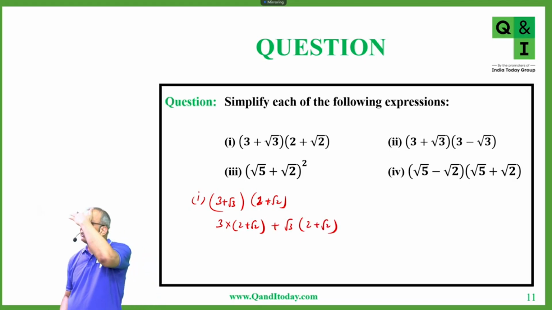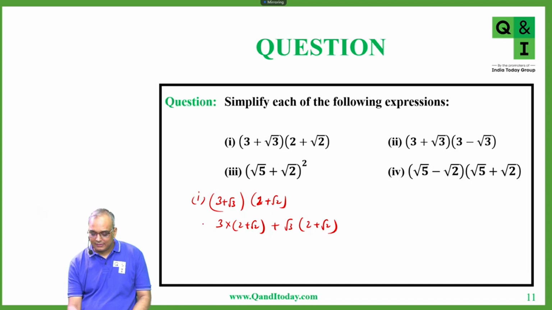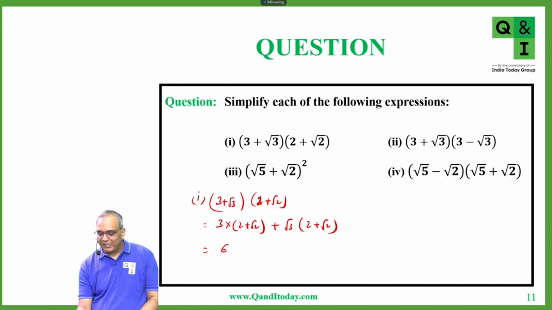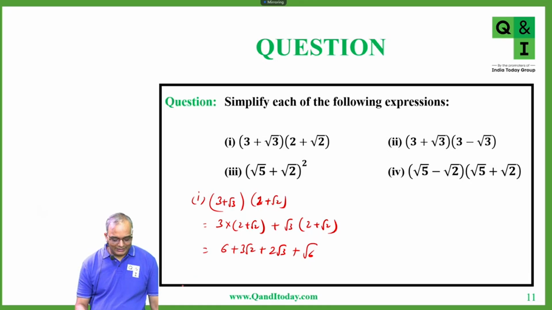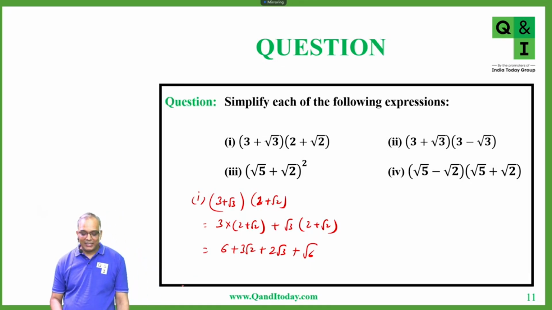Is this clear? When you open the brackets, this will be 3 into 2 is 6, plus 3 root 2, plus 2 times root 3, plus root 3 into root 2, which is root 6. So the answer is 6 plus 3 root 2 plus 2 root 3 plus root 6. This is the answer for you.